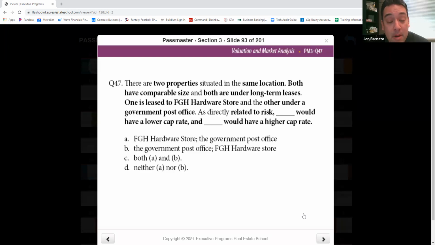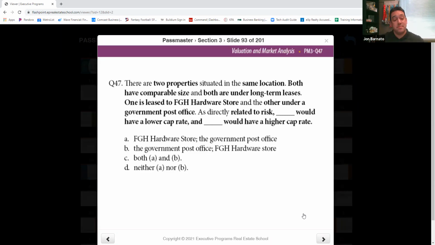So who would have a lower cap rate and who would have a higher cap rate? Good question. Would the hardware store have a lower cap rate or a higher cap rate? I think the hardware store would have lower. Well, what is a cap rate? Let's start back.